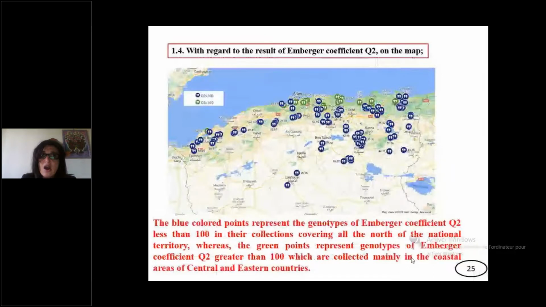With regard to the results of Emberger coefficient on the maps, the blue-colored points represent the genotypes of Emberger coefficient less than 100, collected covering all the north of the national territory, whereas the green points represent the genotypes of Emberger coefficient greater than 100, which are collected mainly in the coastal areas of central and eastern countries.